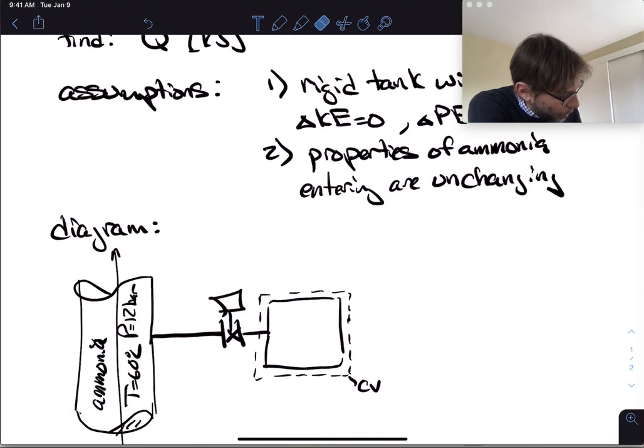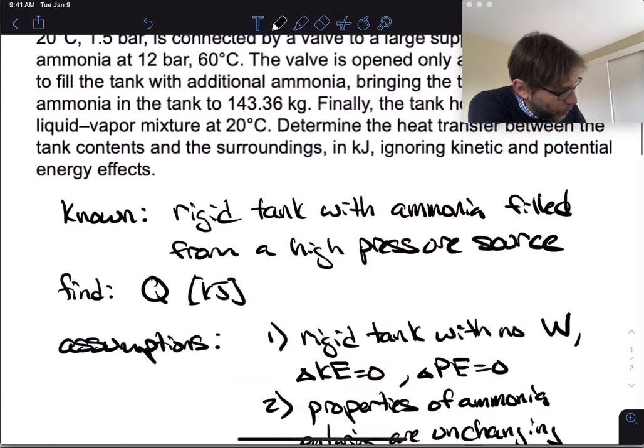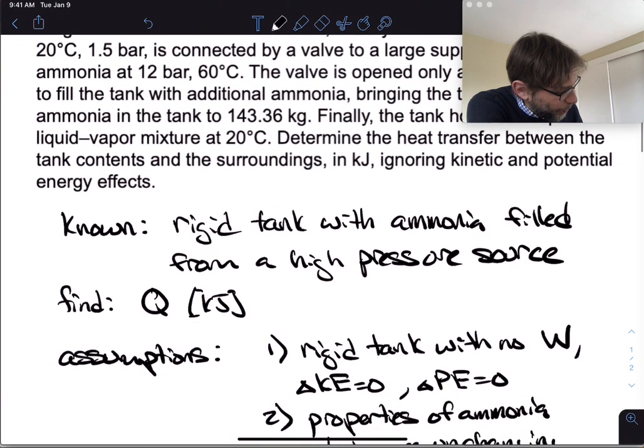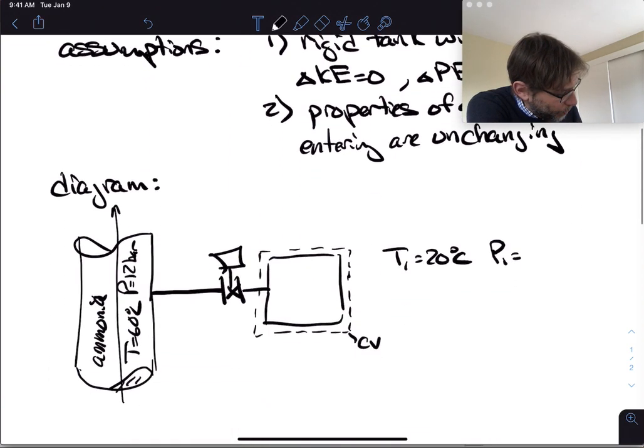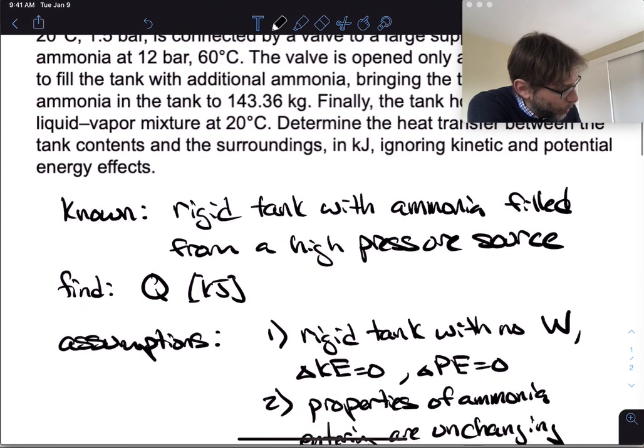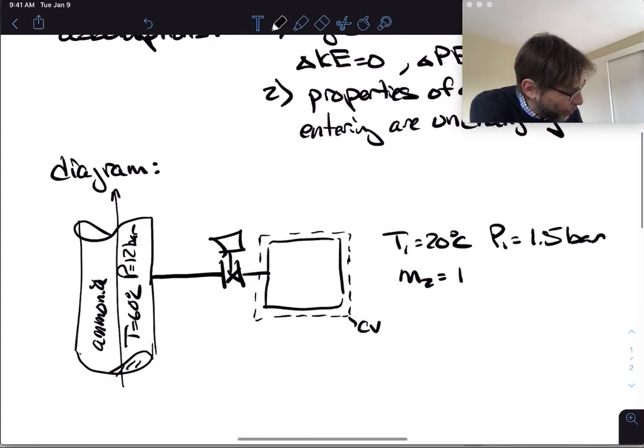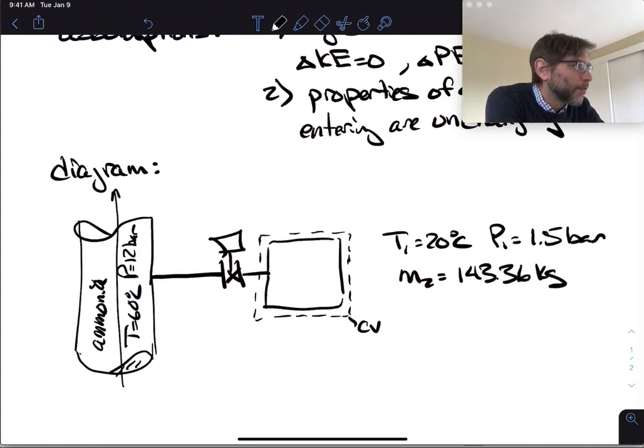So T1 equals 20 degrees, P1 equals 1.5 bar. And then m2 is equal to 143.36 kilograms. That seems very specific. We don't know P2 and T2, so we're going to have to figure that out at some point during the problem.